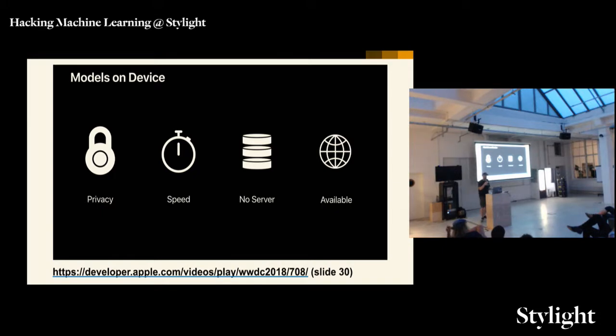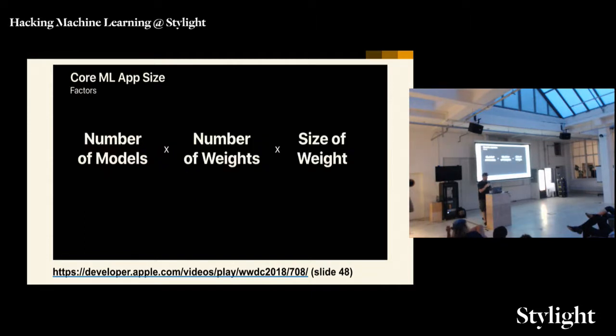But the problem is that these models, for example Inception v3, are nearly 100 megabytes big, and as you already said, you don't want an app with this big size. So they came up with the idea of how to reduce the size of a model. The factors are the number of models.